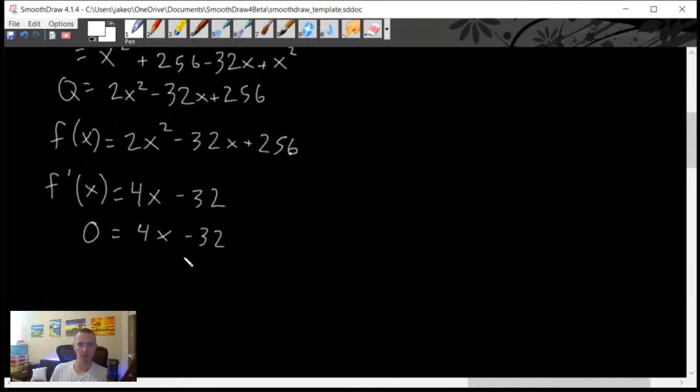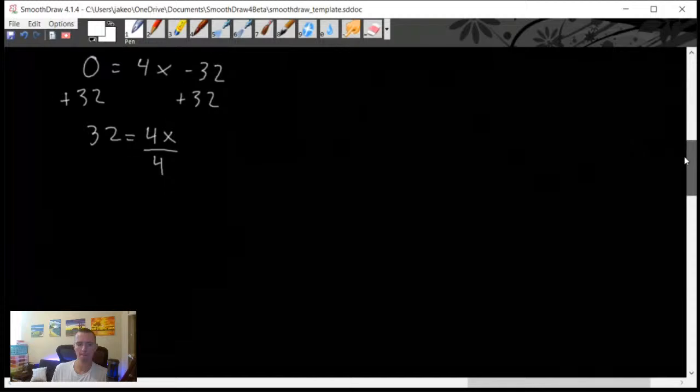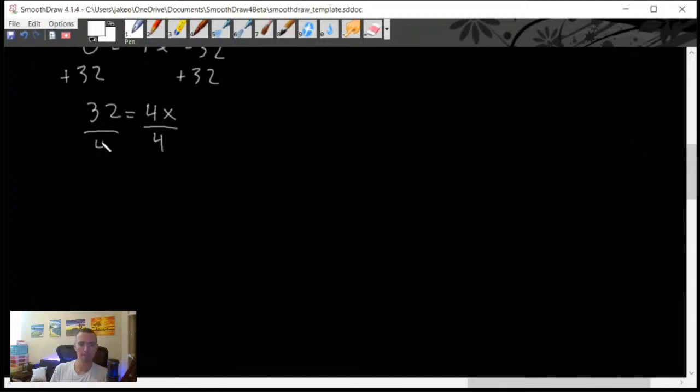So to get the x by itself, we'll add over the 32. Then we'll divide both sides by 4, giving us x equals 8. So in this case, there is only one critical number. Typically in these optimization problems, if you do get only one critical number, that's going to be the one you go with.